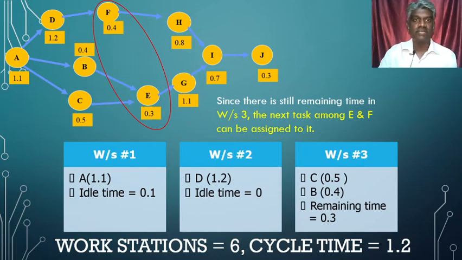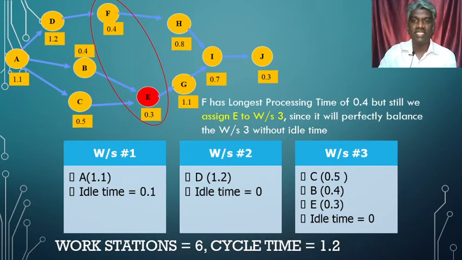We cannot assign F because it should be accommodated in a workstation where it is able to operate for 0.4 minutes. So here we cannot assign. Rather, we can assign E, which takes 0.3 minutes, and if we assign E to this workstation, it is perfectly balanced without any idle time. So we assign E here.